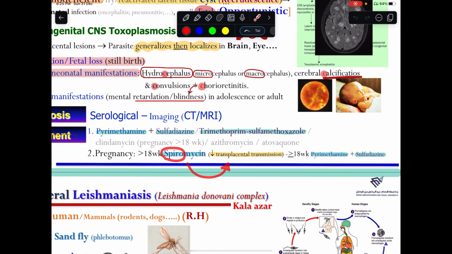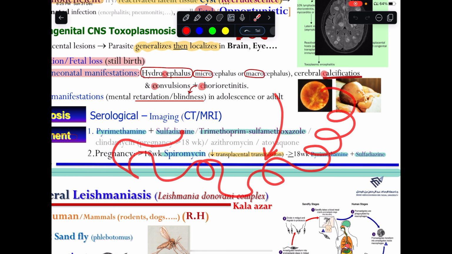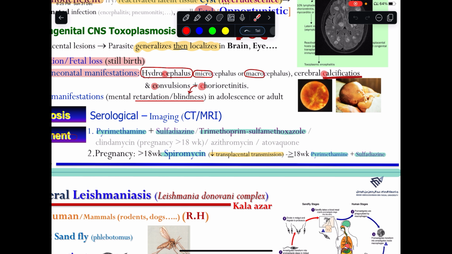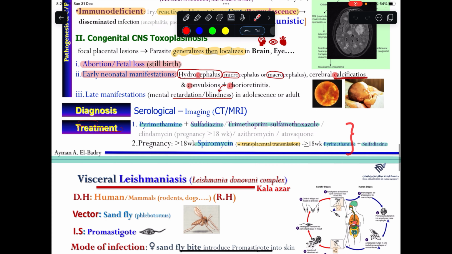So spiramycin is to reduce the transplacental transmission. Or if it's 18 weeks or more, we have pyrimethamine again and sulfadiazine, which is basically the main treatment. The treatment is a bit confusing for me, but just read it.